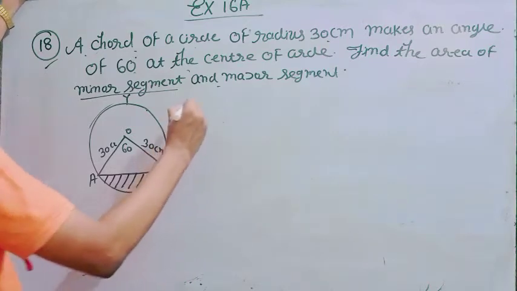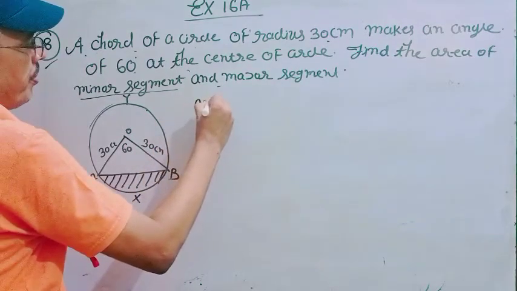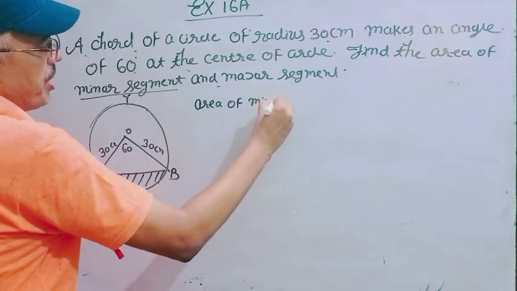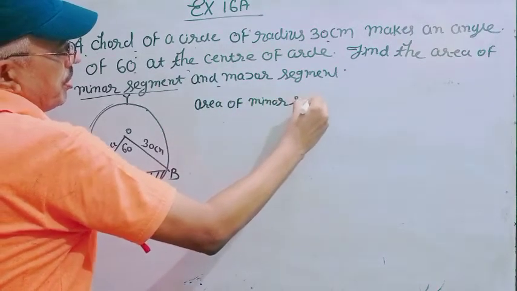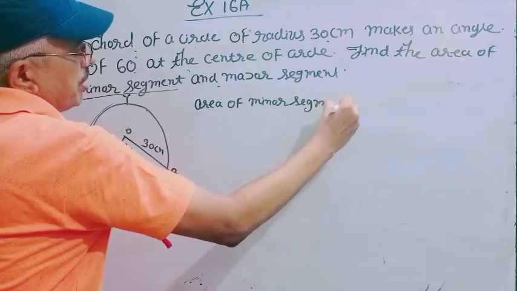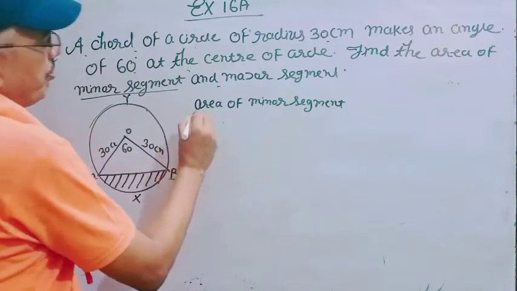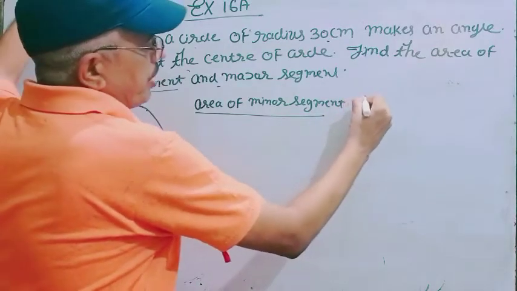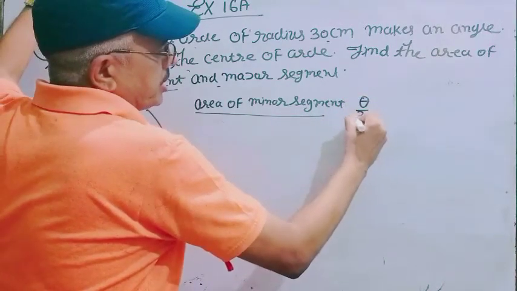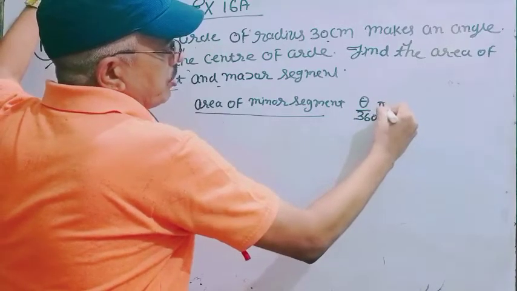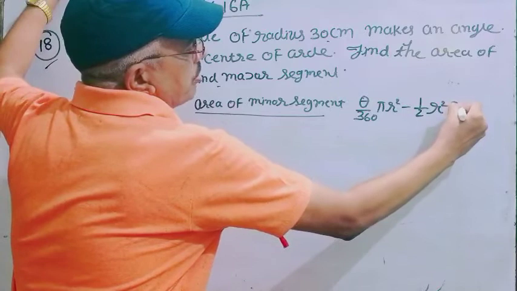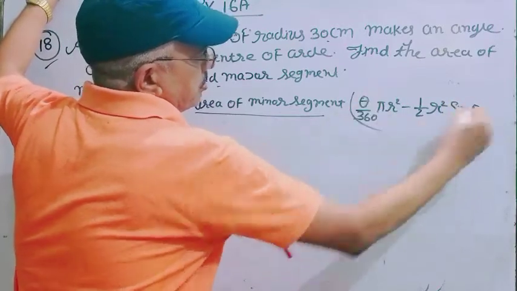So first you write the area of the minor segment. It is very important for you for board examinations. Area of minor segment is equal to theta by 360 pi r square minus 1 by 2 r square sin theta.